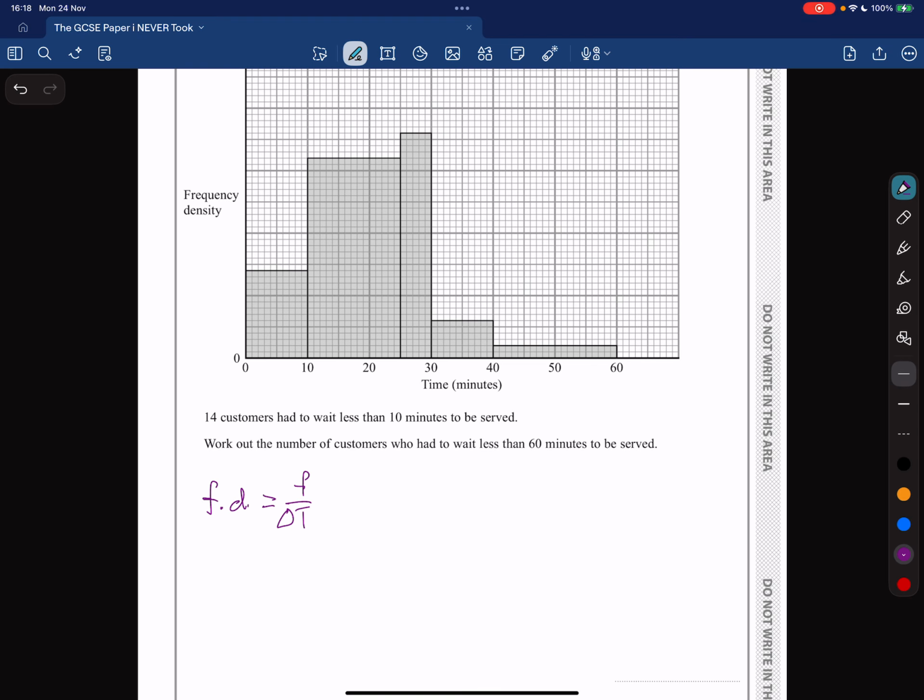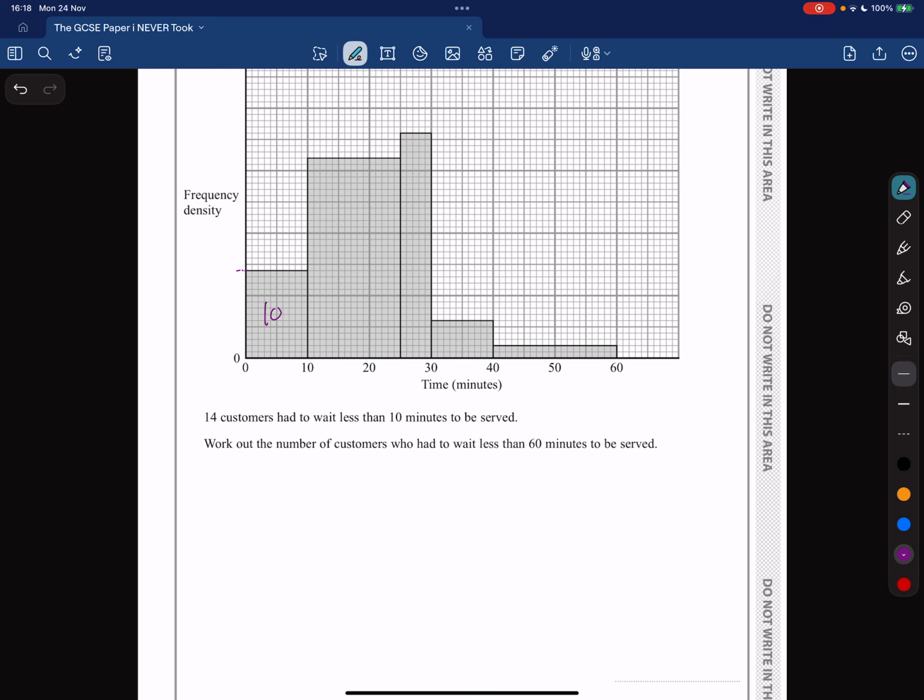So you need to work out the area of each one, right? You're 10, because you're 10 times 1.4. So essentially, I need to work out the area of all of it.